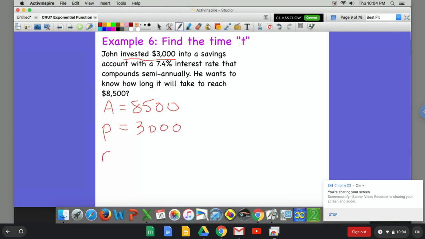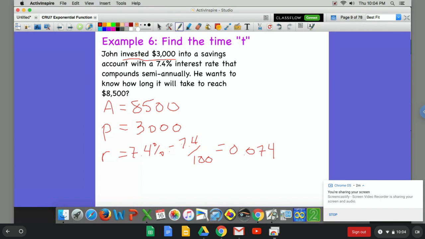Then we have our R, which is our rate. So it says savings account with a 7.4% interest rate. So we want to convert that. So we are going to do 7.4 over 100, which is going to turn into 0.074.